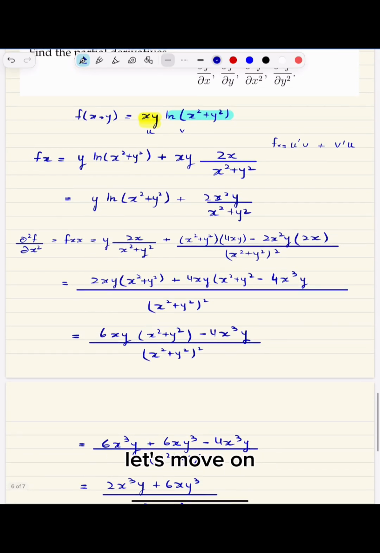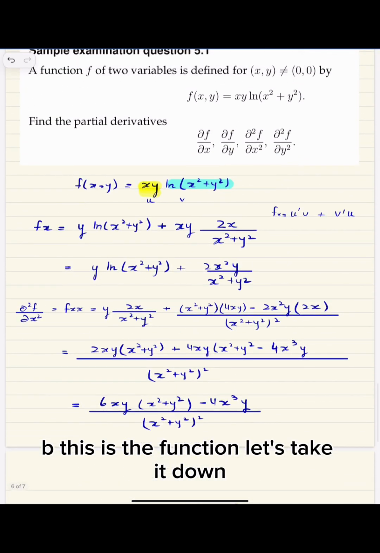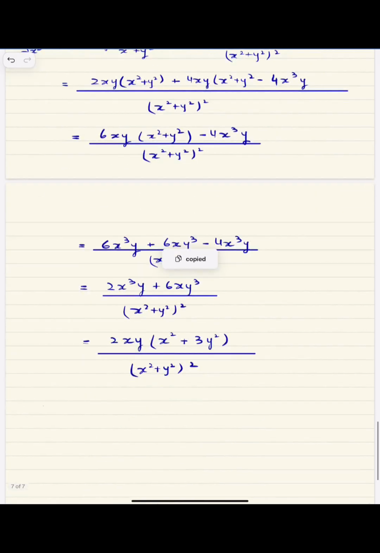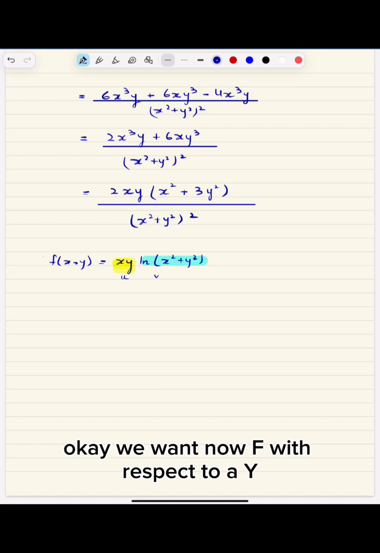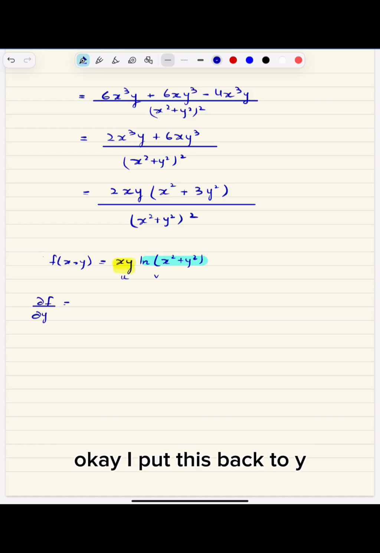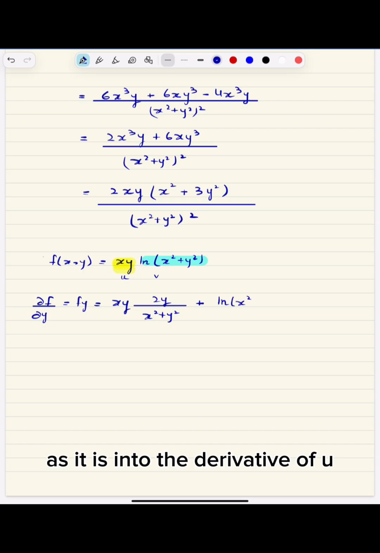Okay, this is the function. Let's take it down. We want now f with respect to y: u as it is times the derivative of v, plus v as it is times the derivative of u with respect to y, which will be x.